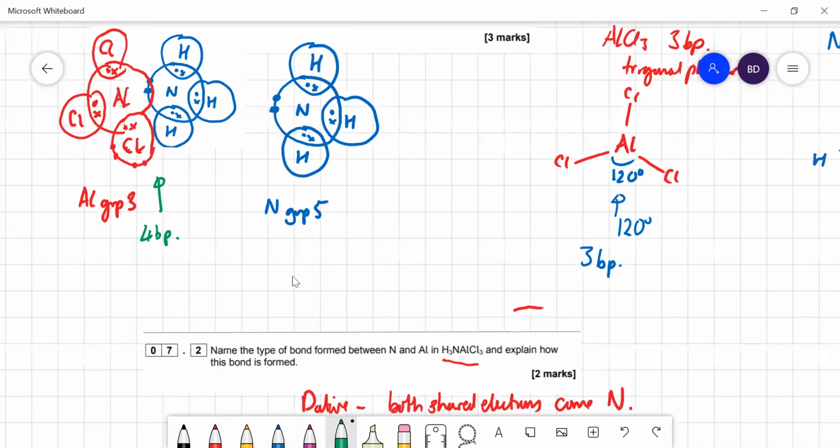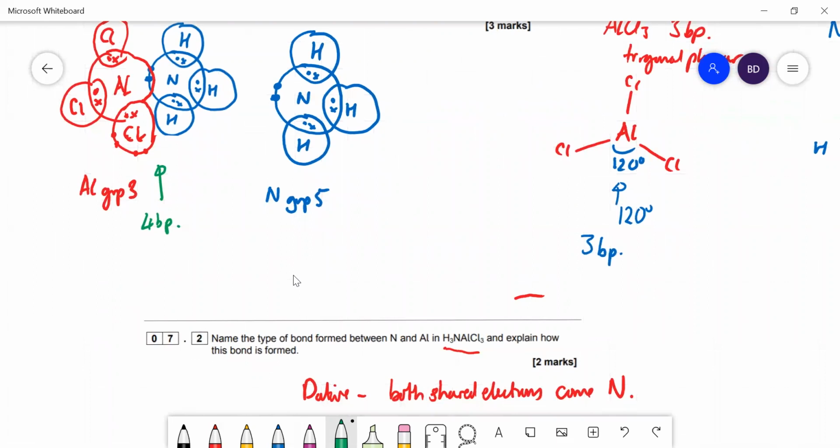Okay, so that aluminium is going to have, I draw it here, a chlorine there, a chlorine in the same plane as the paper, a chlorine coming out of the paper, and then we've got this bond to the nitrogen going back into the plane of the paper.